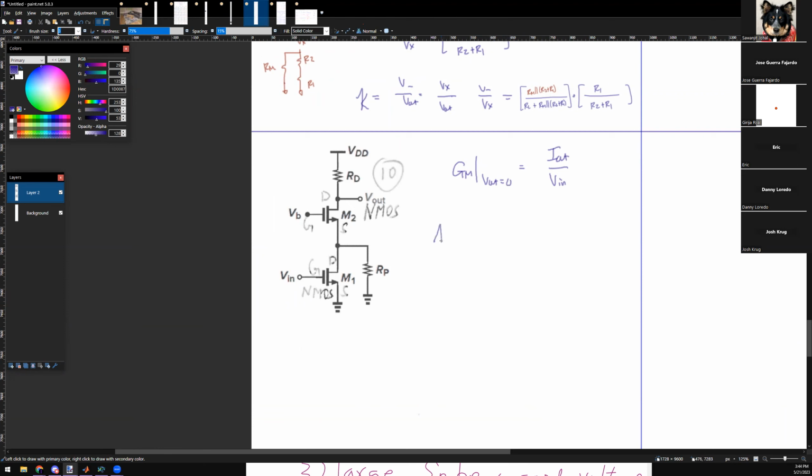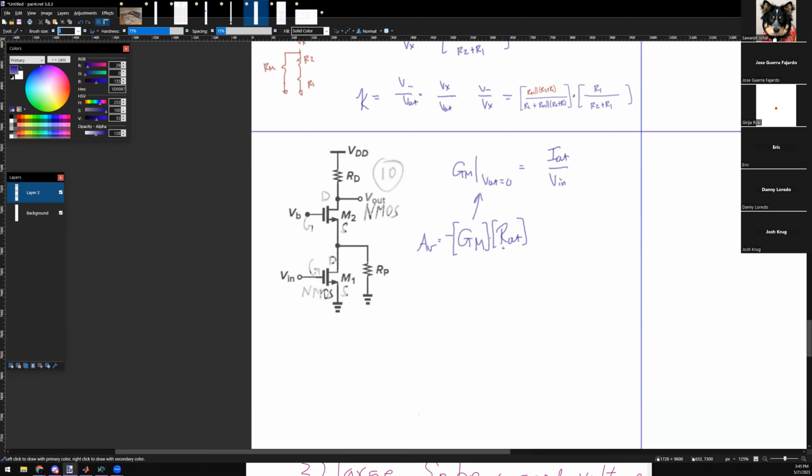Shouldn't he be asking the AV of the circuit? He's asking because he wants big GM times big R out. He does two transfer functions. GM is defined when V out is 0, and R out is defined as V out over V in when V in equals 0.